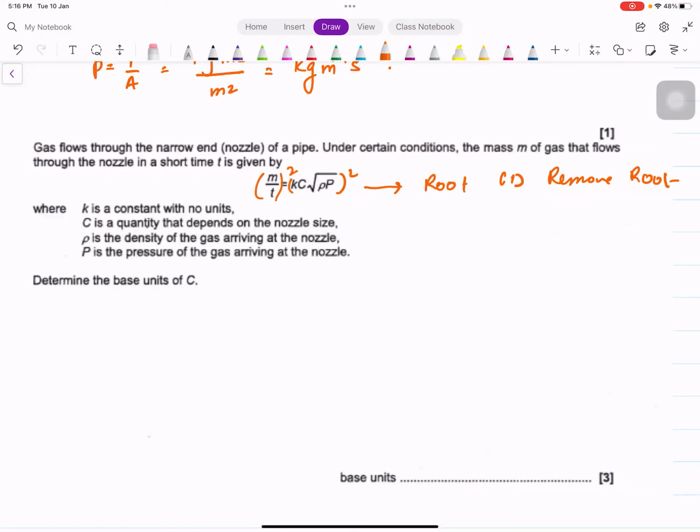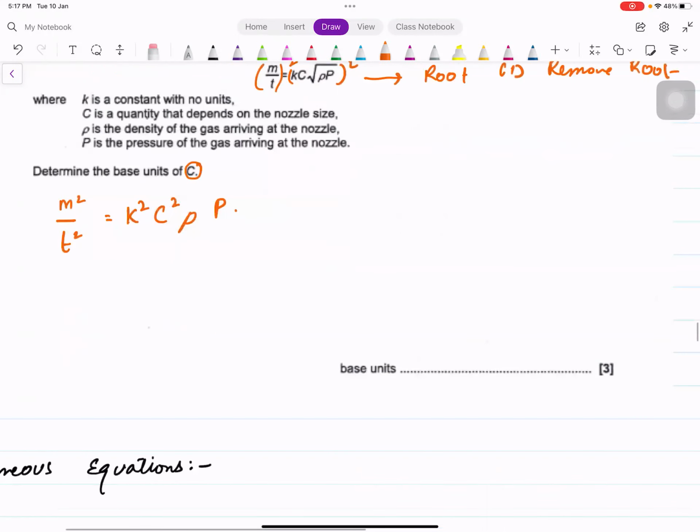So it's going to be m squared over d squared equals k squared c squared rho and p. All right. Now it says determine the base units of c. So we'll make c squared the subject. When you do that, it's going to be c squared equals m squared over t squared times 1 upon k squared times 1 upon rho times 1 upon p. Like that.